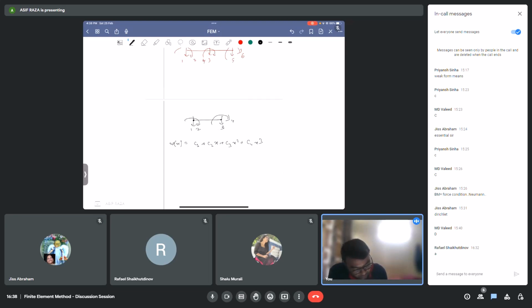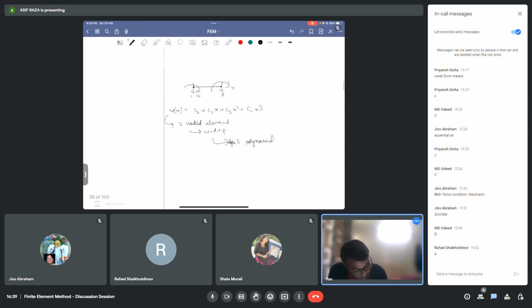So when we take a two noded element, it has 4 degrees of freedom, and that gave me a degree 3 polynomial.